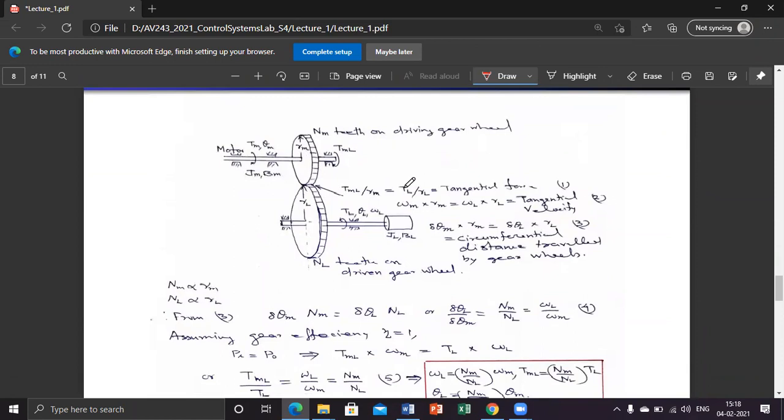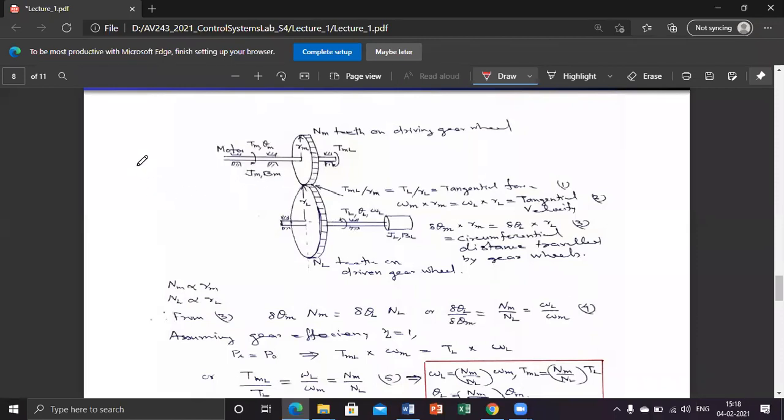This is a gear mechanism, but the gear mechanism is shown only as a symbolic thing. This is the driving portion and this is the driven portion, and this is a simple spur gear sort of arrangement where multiple teeth are there on the driving wheel as well as the driven wheel.